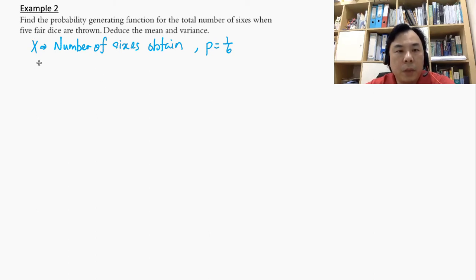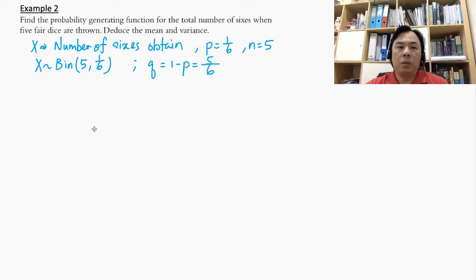And then it is a binomial distribution. We have a number of trials of 5. In this case, I write down number of trials 5, and probability of success is 1/6. Also, q is equal to 1 minus p, which is 5 over 6.